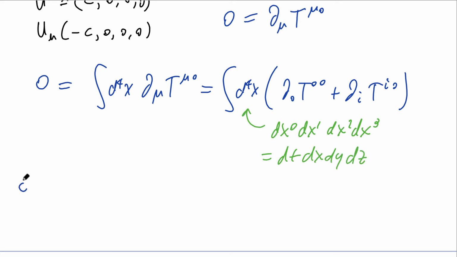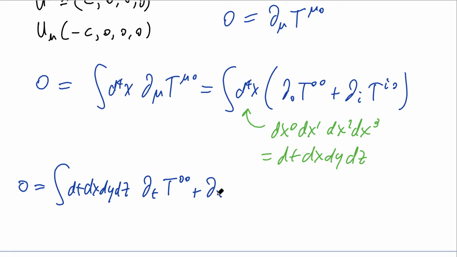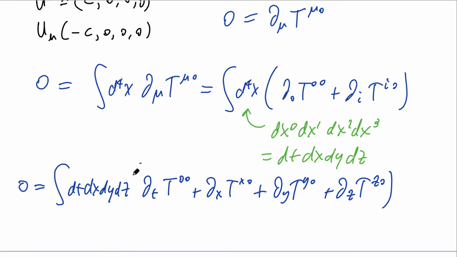Then what we have here is 0 equals the integral dt dx dy dz of ∂_t T^{00} plus ∂_x T^{x0} plus ∂_y T^{y0} plus ∂_z T^{z0}.